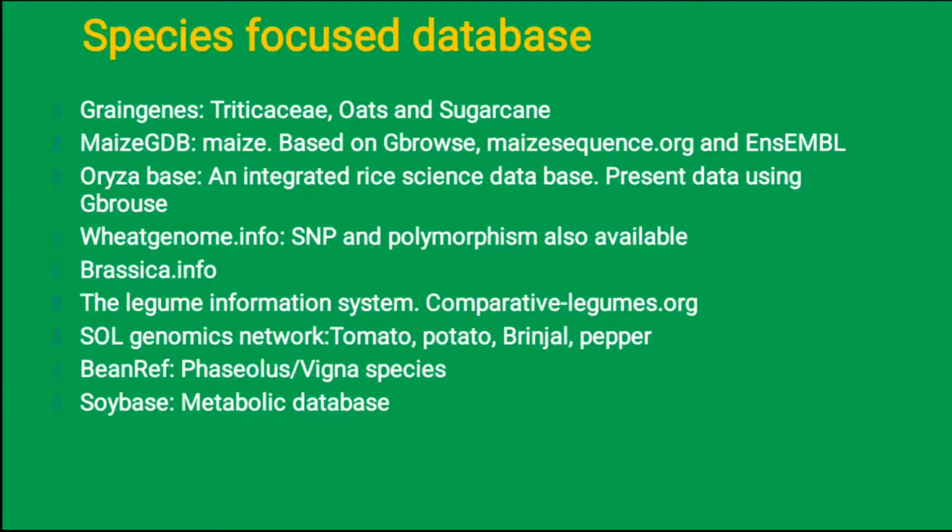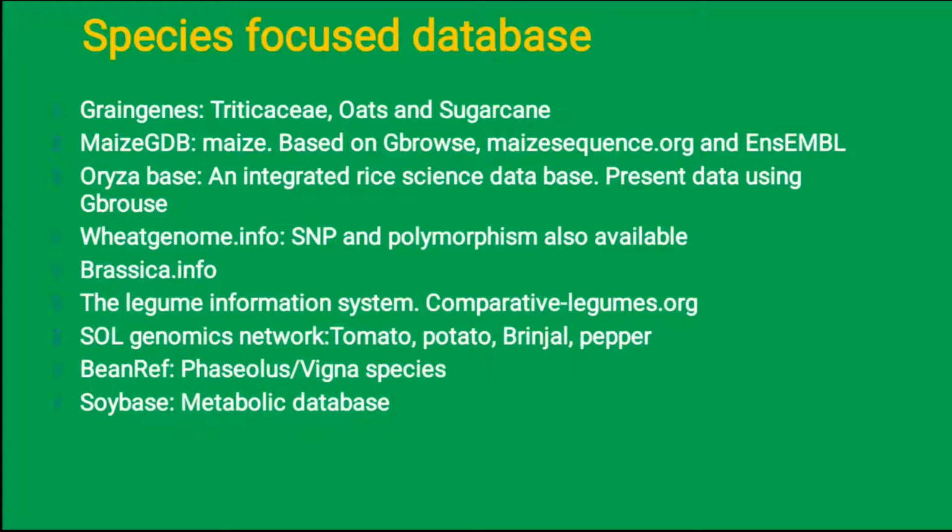And some species-focused databases are also available. GrainGenes mainly focuses on the Triticeae family, crops, oats, and sugarcane. MaizeGDB mainly focuses on maize, and OryzaBase is dedicated to rice, and WheatGenome.info carries essential information for wheat.